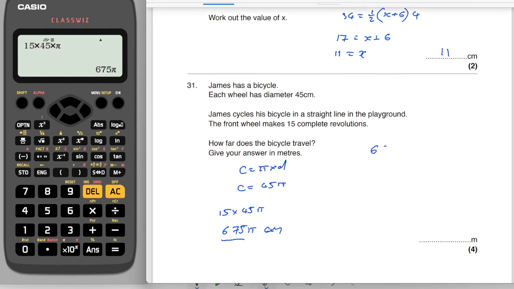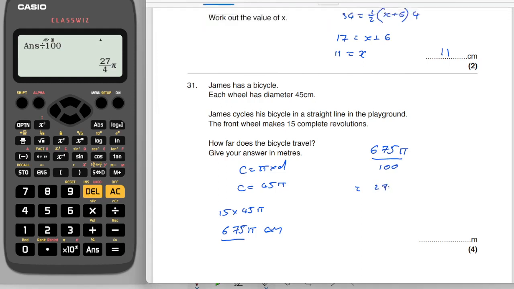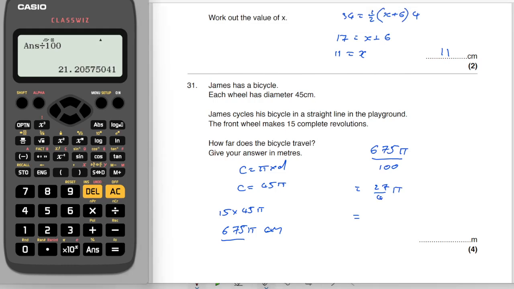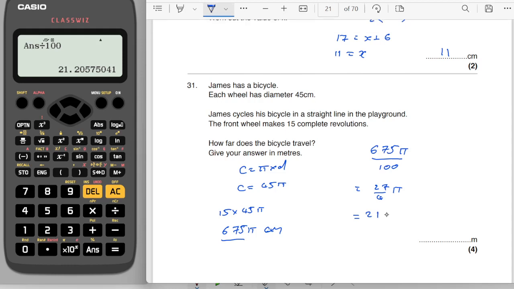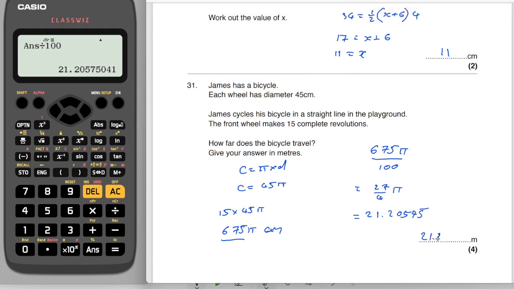So 675 pi divided by 100 to convert it into meters is going to be equal to 27 over 4 pi, and then that as a decimal would be 21.20575. So if I go 21.206 to 3 decimal places.